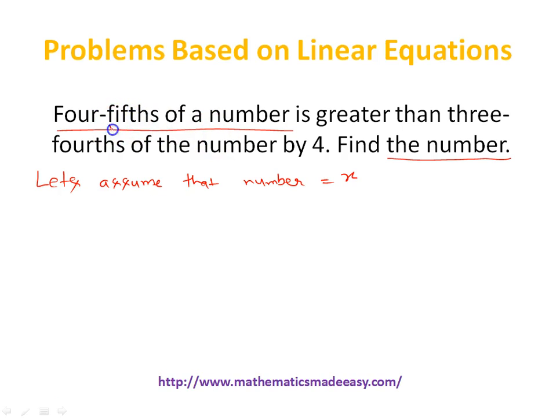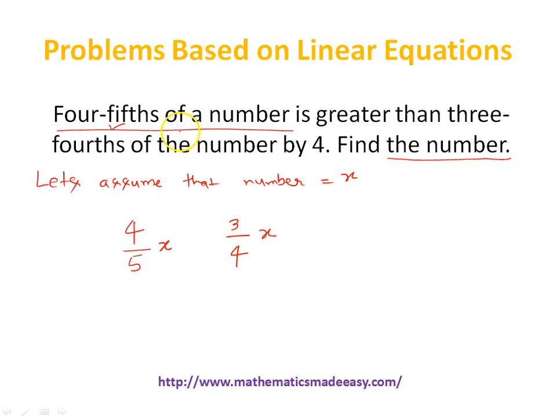So first of all, what will be 4/5 of the number? 4/5 is 4 by 5, right? We assumed the number as x. So 4/5 of the number is 4 by 5 x, right? Now is greater than 3/4 of the number. 3/4 of the number means 3 by 4 x, right?